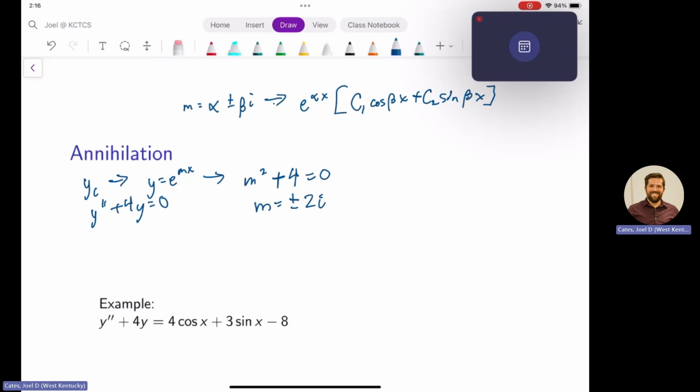So in this case, my complementary solution is just c sub 1 cosine of 2x plus c sub 2 sine of 2x, because I have e to the 0th out front, which is just 1.